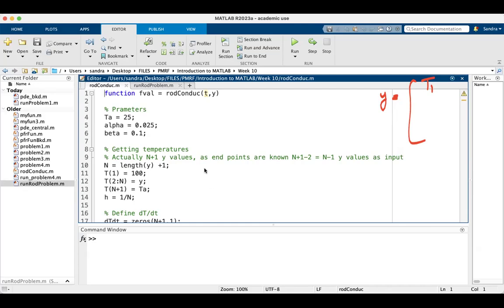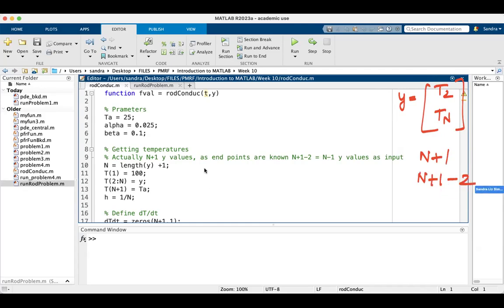Just a second. Oh, sorry, I was correct. This y has only T2 to Tn. So earlier you had n+1 values, now you have n+1-2, which is n-1 values. So this is the length of your y vector, n-1 values.